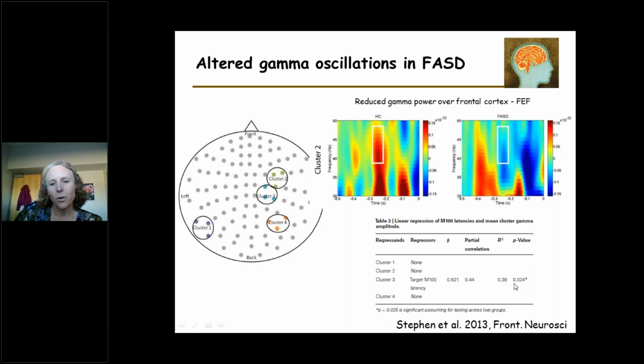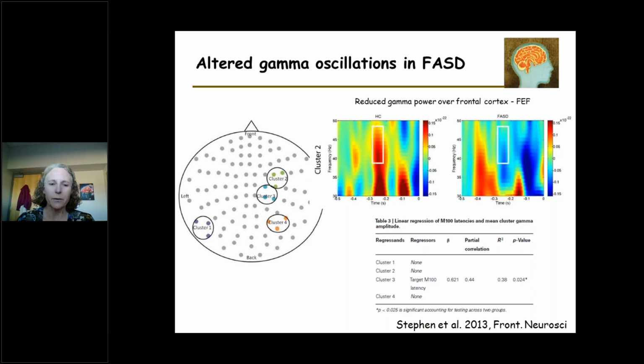And so our conclusion from this result is that the gamma oscillations seem to help the kids with FASD catch up in terms of their saccadic reaction time. So this is how quickly they respond to the peripheral stimulus.